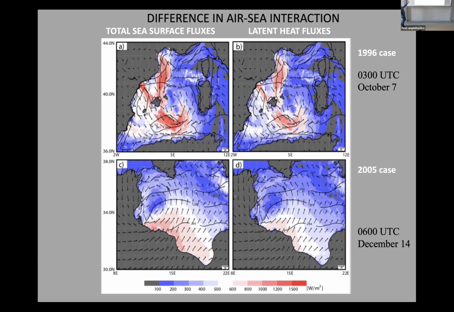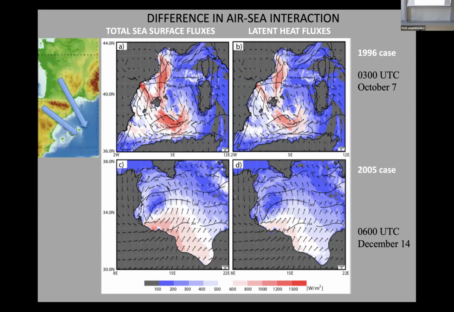Really, you see that if you look at the sea surface flux, there is a strong intensity just at the area where these local winds, Mistral, Tramontana, and Cierzo, arrive in the Mediterranean. So this feature was produced already before the development of the cyclone and produces a lot of exchange between the ocean and the atmosphere. So it seems to produce an environment favorable for the later development.